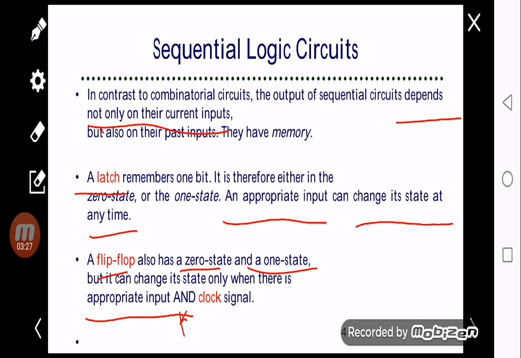That means even if the input is changed, without a clock signal the output won't change. So a flip-flop needs a clock signal to change the state of the output.